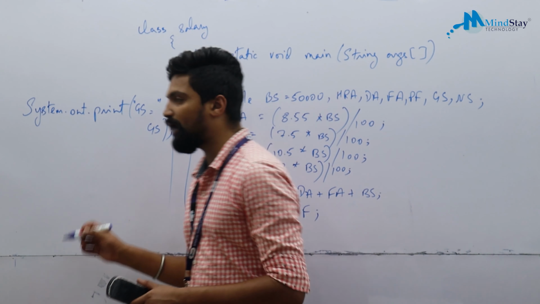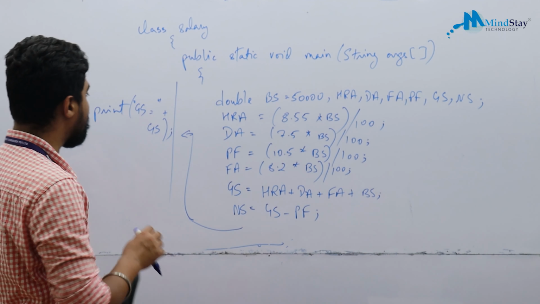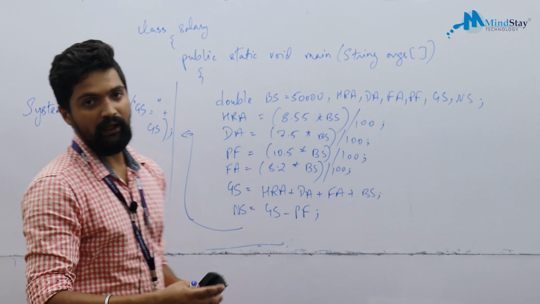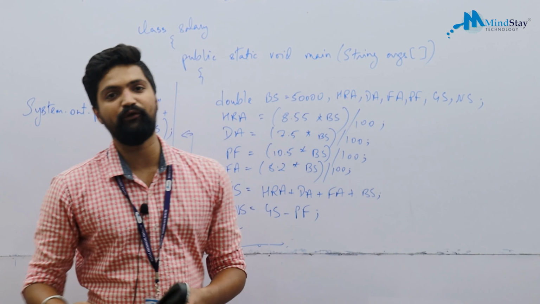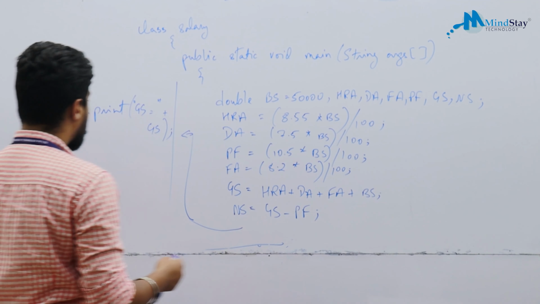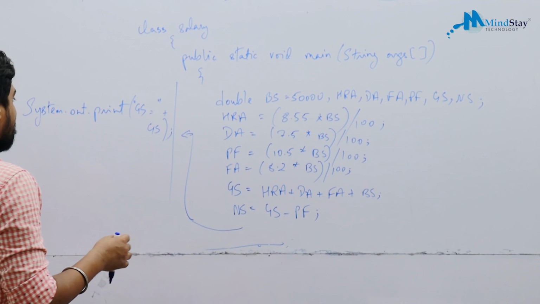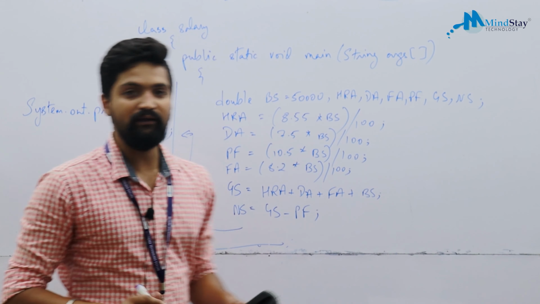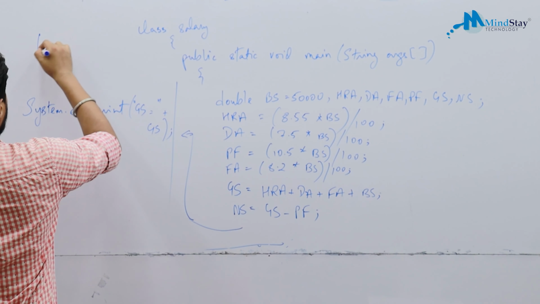Now you might say, okay, I can continue in the same printing line only using the plus operator. I can move ahead and print the net salary as well. But I'll not do that. I'll try to create a new line. How to create a new line is by this word ln.